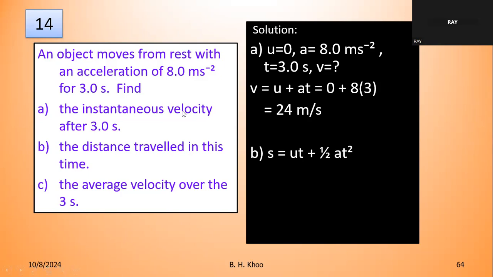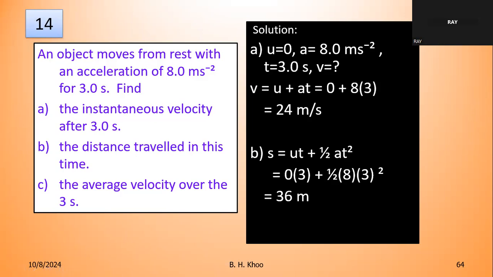I use the value that's given to find s. That's why I choose this formula. It doesn't matter what formula you use, as long as you can get the answer. u is 0, t is 3, half, a is 8, t squared is 3 squared. To simplify that, 36 meters.